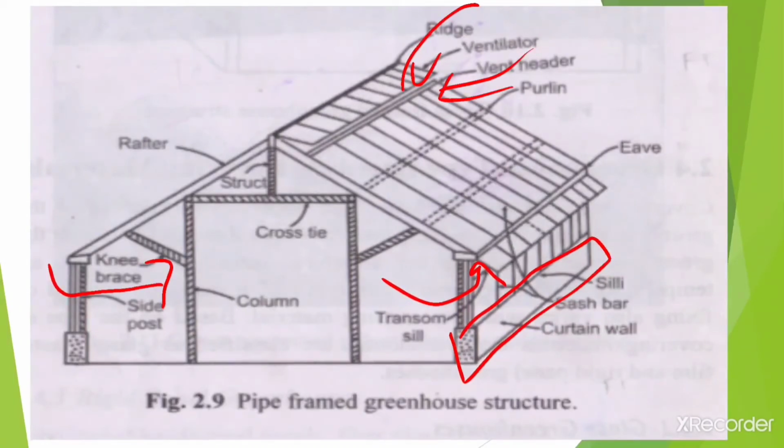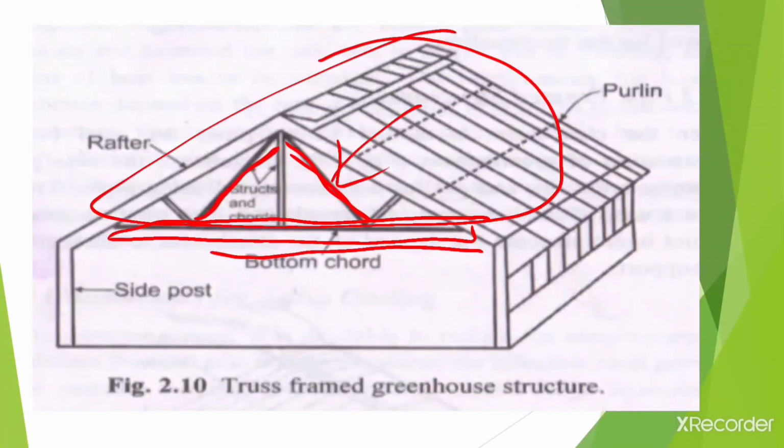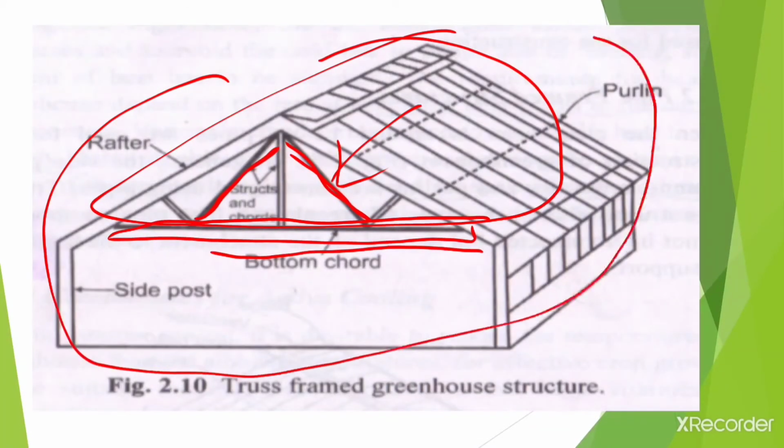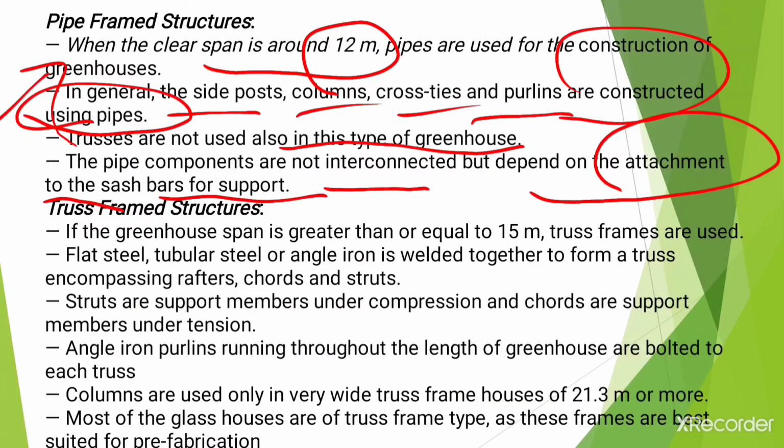These are the different structural components of the truss framed greenhouse, and these are the different components of the pipe framed greenhouse structure. Now the next type is truss framed structures.